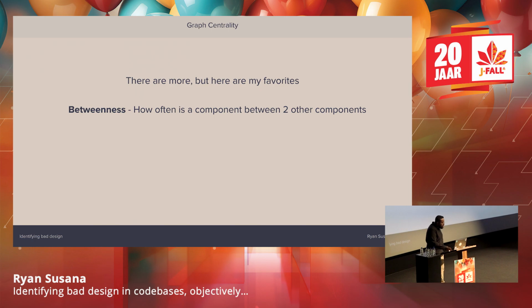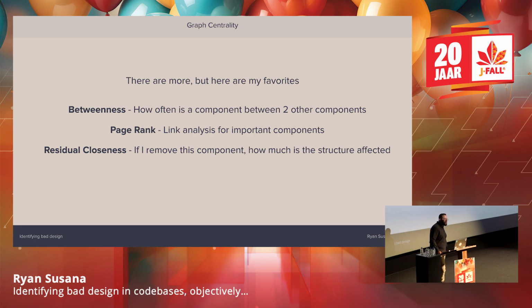Now, the first one is the betweenness metric that I showed you just now. Another one is the Google PageRank algorithm by Larry Page and Sergey Brin. It's just link analysis, and it looks for the important web pages, or in this case, components. Another one is called residual closeness. Now this one I really like. It's actually a quite new graph metric. It was only invented about 10 years ago.